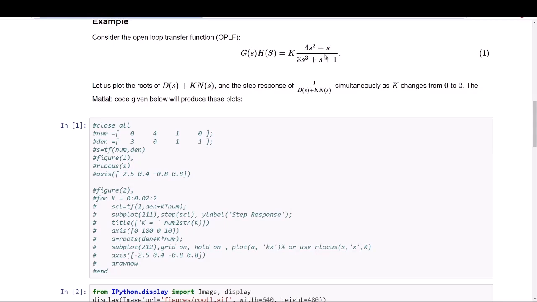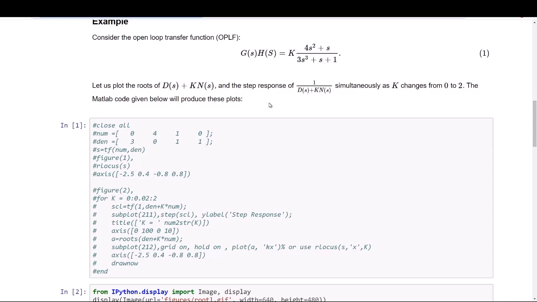What we would like to do is compute the characteristic equation of this system. Suppose this is a unity feedback system and this is the open loop transfer function. I will compute the closed loop transfer function, and it has the denominator d of s plus k n of s as follows. I would like to plot the roots of d of s plus k n of s on the s-plane.